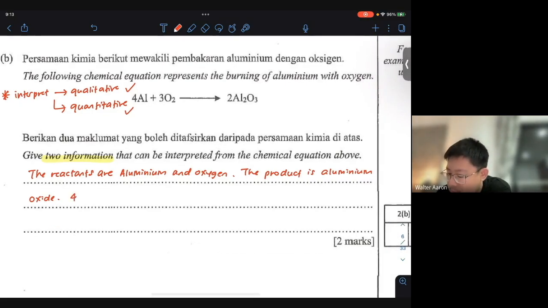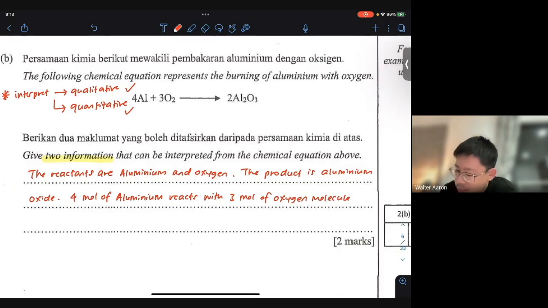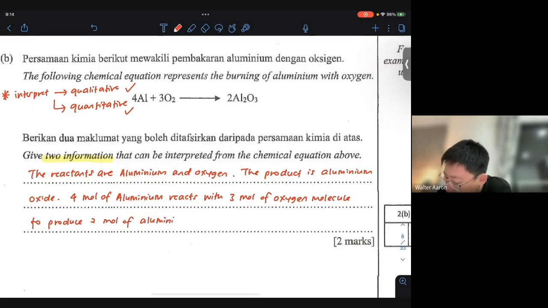You can say that 4 mole of aluminum reacts with 3 mole of oxygen molecule to produce 2 mole of aluminum oxide. So that is quantitative. So if you do both, you get 1 mark each.